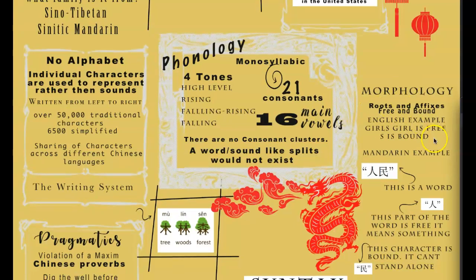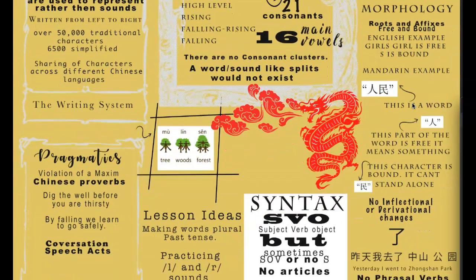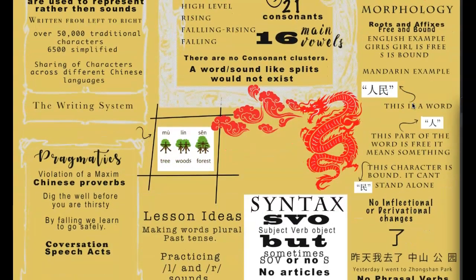Okay. So let's go over here and look at the characteristics of Mandarin's morphology. So morphology characteristics of the Mandarin language, there are free and bound roots. The first white box right here is a word.